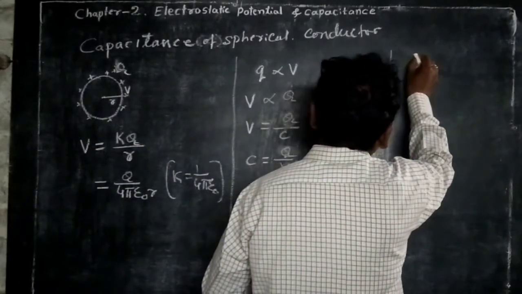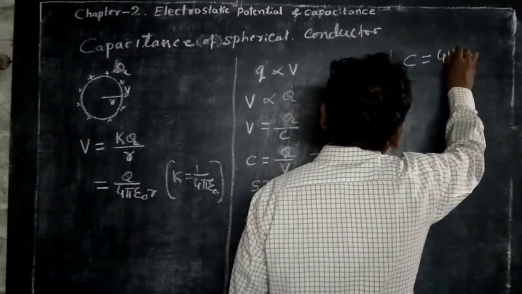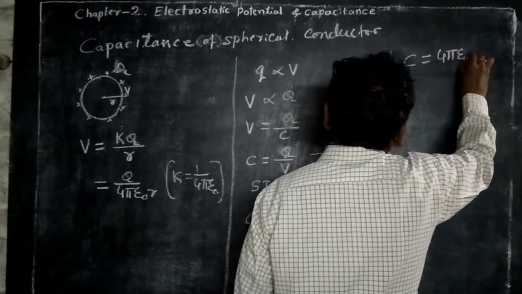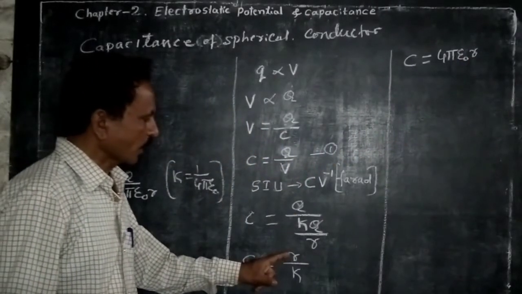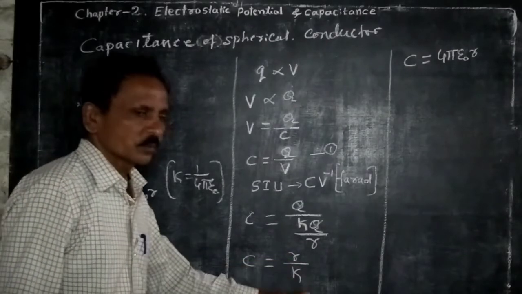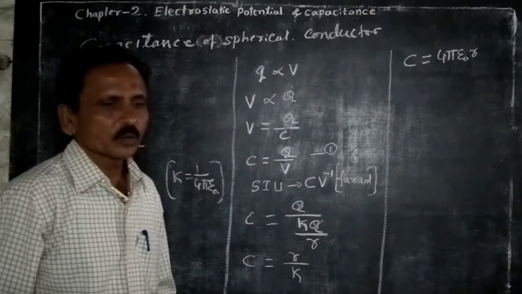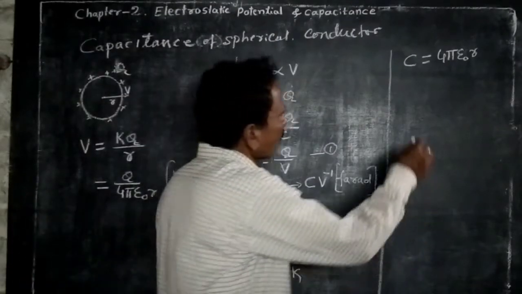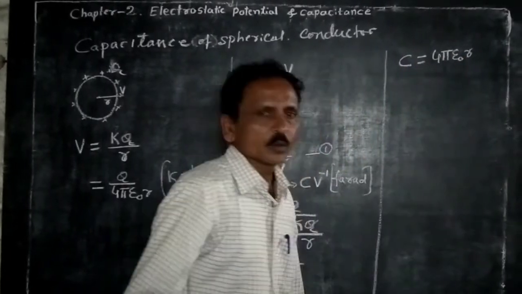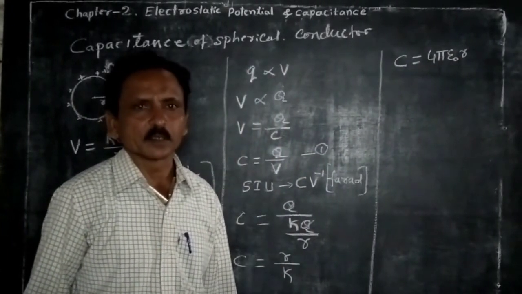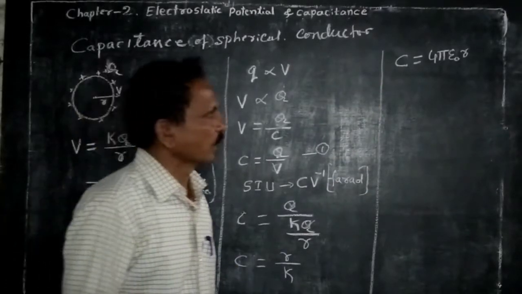Therefore, capacitance C equals 4 pi epsilon naught into R. It can be written as R upon 1 upon 4 pi epsilon naught, which equals 4 pi epsilon naught into R. Here, capacitance of a spherical conductor is directly proportional to the radius of the conductor.